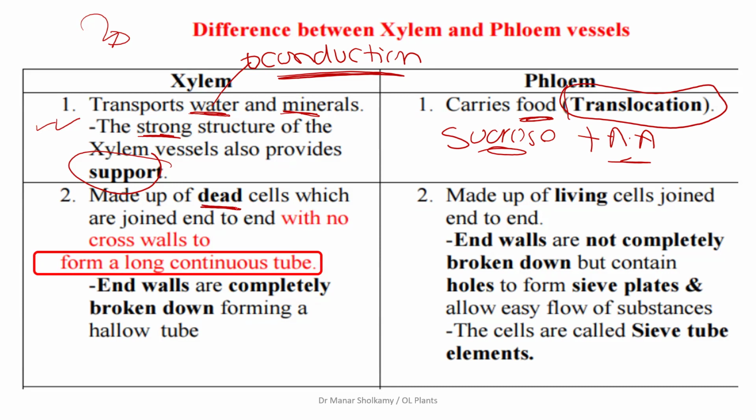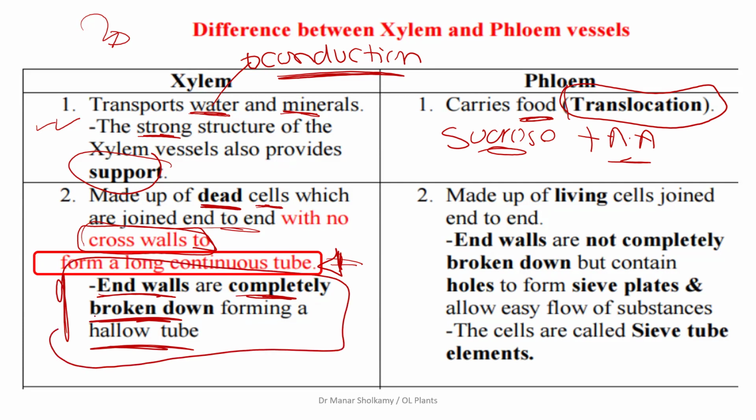Xylem is made up of dead cells, which are joined end to end with no end walls, no cross walls, to form a long, continuous hollow tube. Okay? These end walls are completely broken down, forming a hollow tube. This is very important. You'll see it many times in the mark scheme. The phloem is different, made up of living cells.